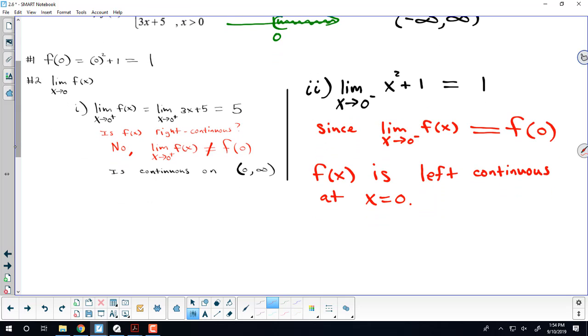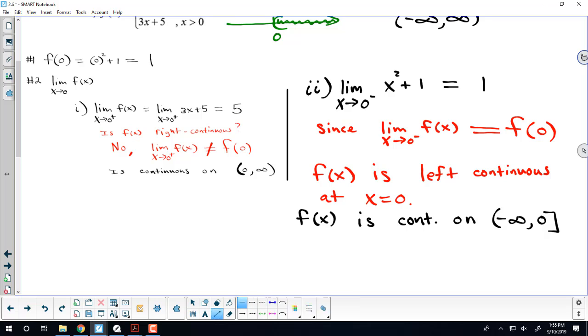So what's the interval that it's continuous on? Including or excluding? Okay, good. f of x is continuous on that interval. So it's sort of a word game, right?